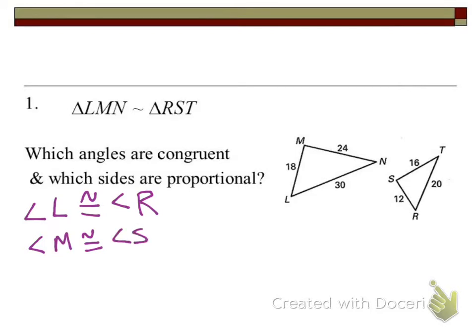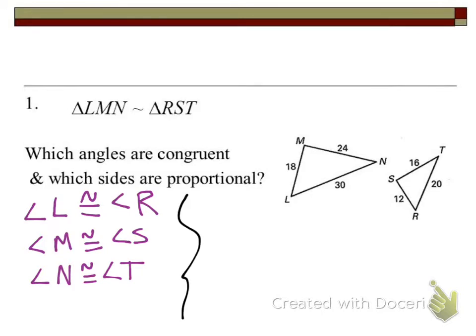S, yes. And angle N? N goes with T, very good. Or again, just focus on the order they're given. L and R are first, M and S are in the middle, and N and T are in the back. So those are the pairs that go together. All right, that is extremely similar to when we did congruent triangles. So that shouldn't be anything too shocking for any of you. Any questions on that?